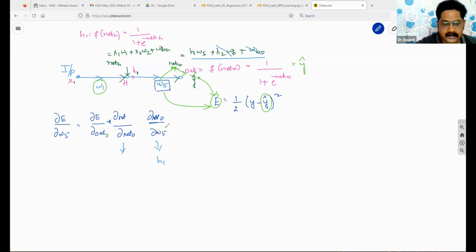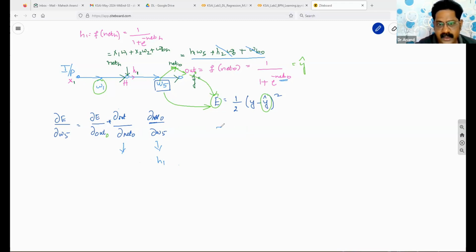Next, the out function with respect to net. In the previous session, we used the u by v method and we got the derivative of this f of net. We called it f dash of net.